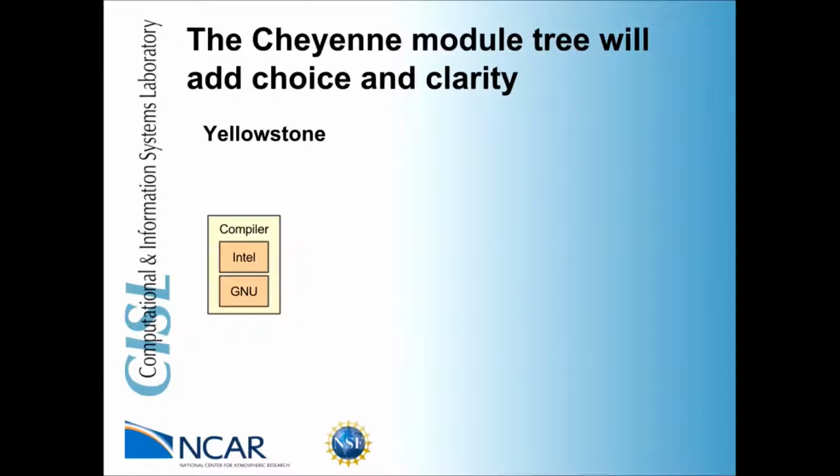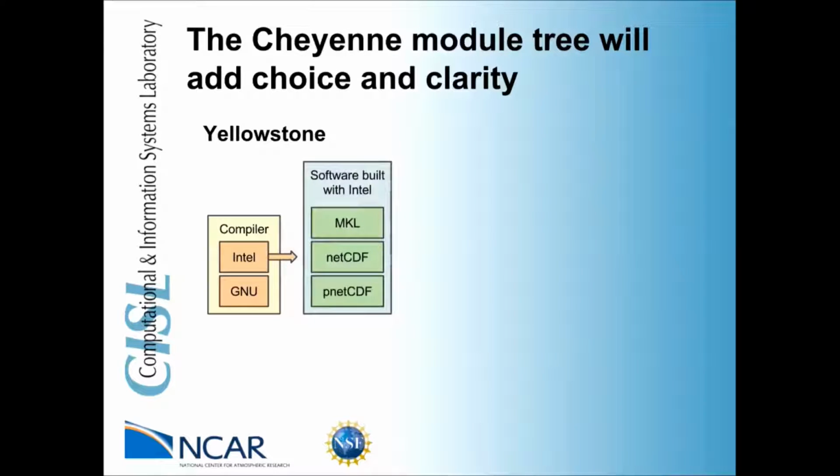There's also differences in the way that we're laying out the module trees, and that should hopefully make it easier to tell what's available, should add a little bit of choice, and just make the overall experience a little clearer. So to diagram this out, on Yellowstone, what you would do is select a compiler. Let's say you select Intel, and then you'll get added into the module list all the software that was built with the Intel compiler.